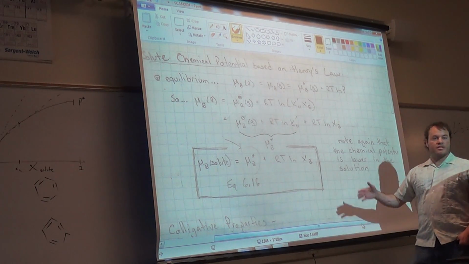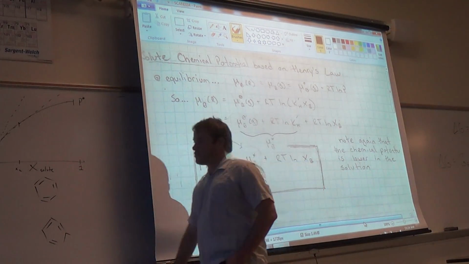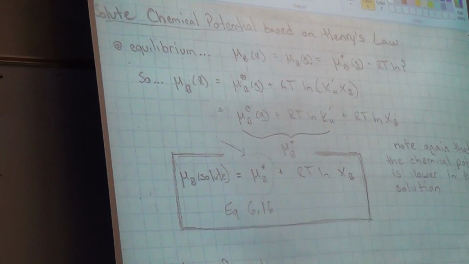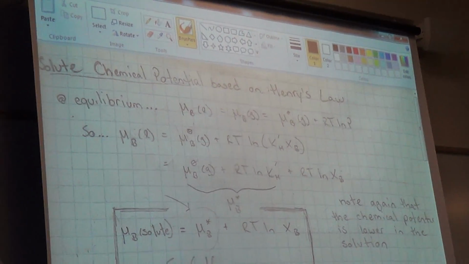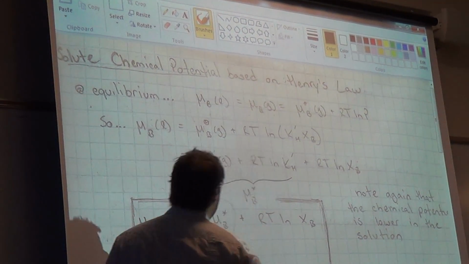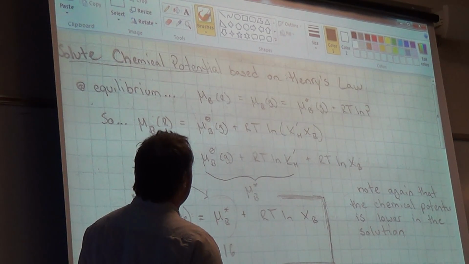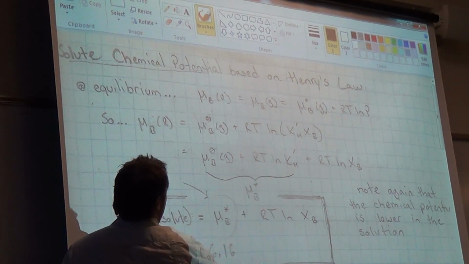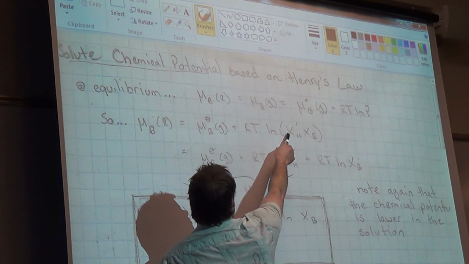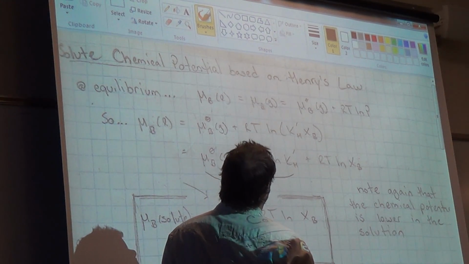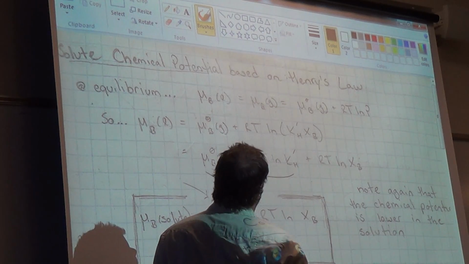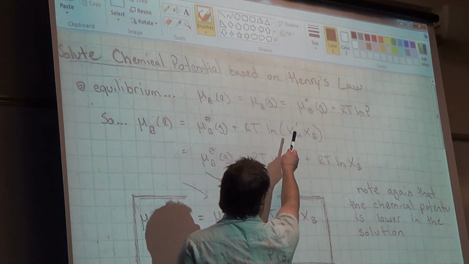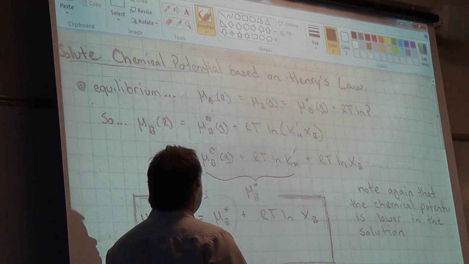If we have a solute that's not obeying Raoult's law and it's obeying Henry's law instead, we can recast its chemical potential based on Henry's law. We say that the chemical potential of the species is equal to mu naught plus RT times the natural log of the observed pressure, where the observed pressure is equal to the Henry's law constant times the mole fraction.